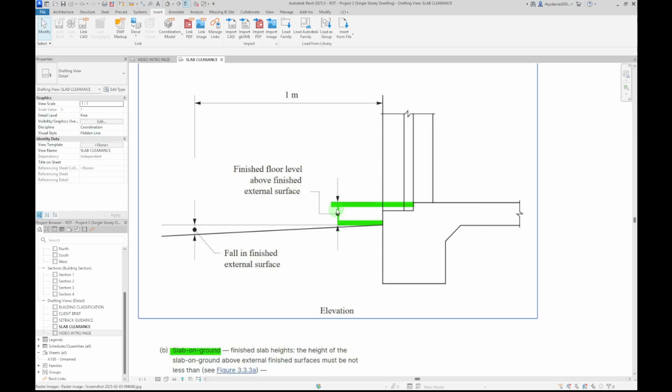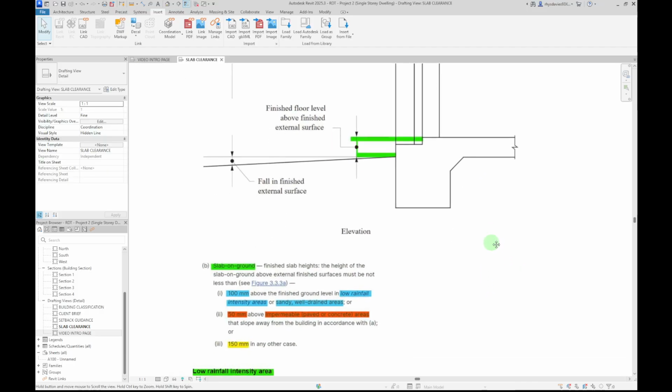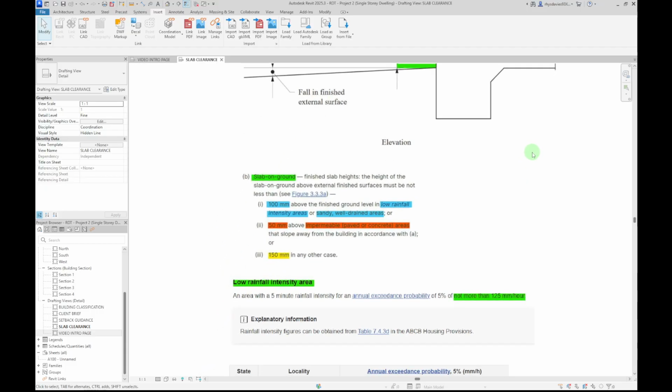What we're after is this level here, the finished floor level above the finished external surface. This would be the natural ground level when the job is completed and landscaping is done. We need to figure out what this distance has to be. This is what the lesson's all about.